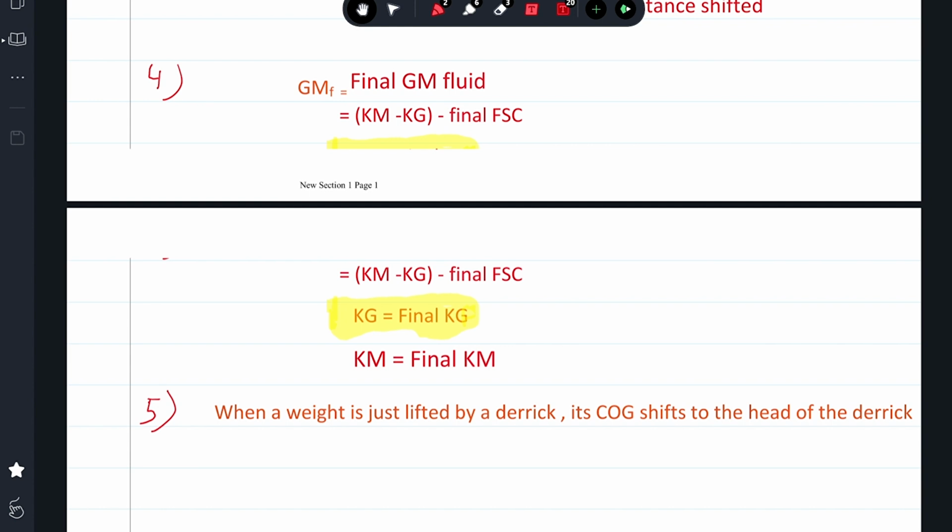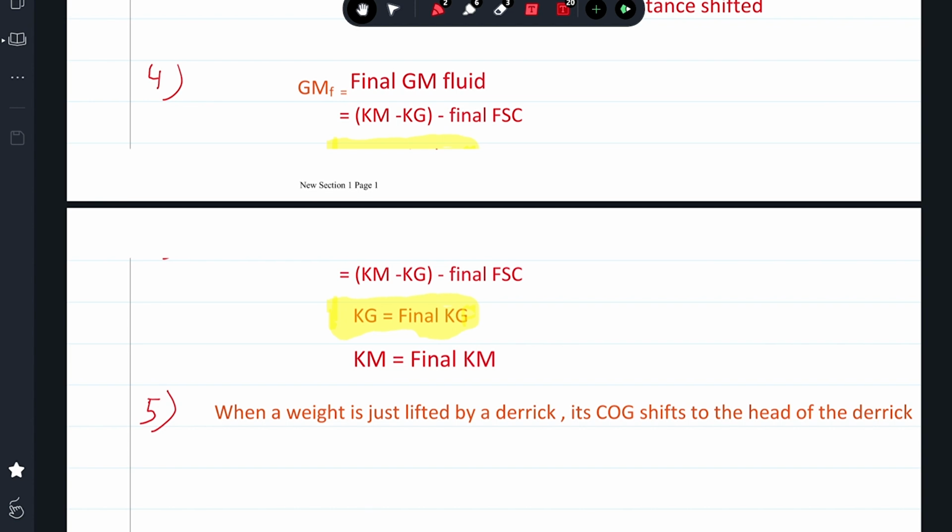As soon as the weight has been lifted, the center of gravity will shift to the derrick head. So before it was 5 meters, now it will become 20 meters, because the derrick head is 20 meters from the keel.